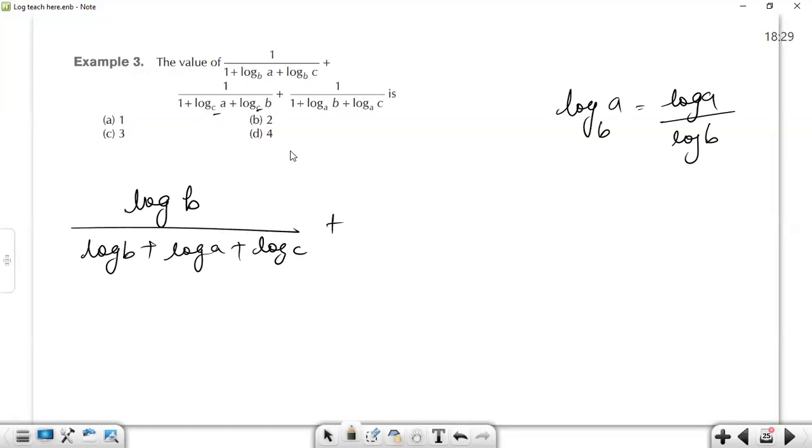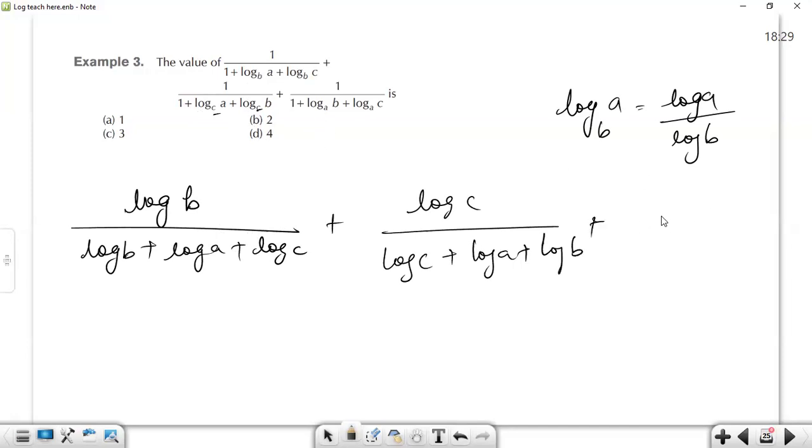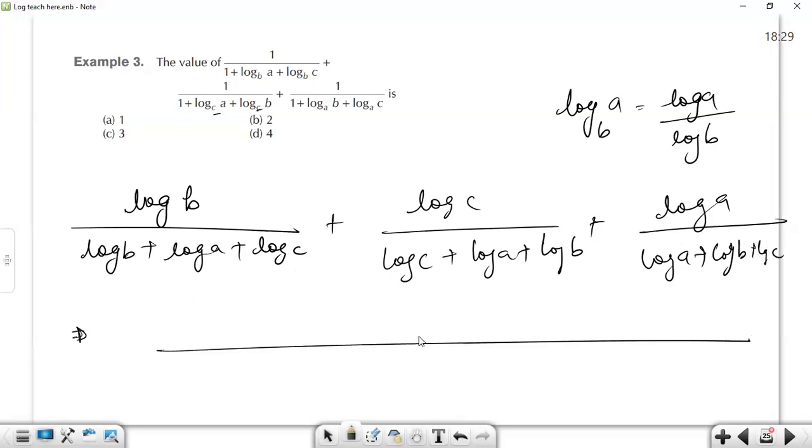So same goes for the others also. In this case, logarithm of c is the LCM: logarithm of c plus logarithm of a plus logarithm of b. Plus, in this case, logarithm of a will be the LCM: logarithm of a plus logarithm of b plus log of c. So we know logarithm of m plus logarithm of n is equals to logarithm of mn. Same goes for all these situations. And we can also see that we can take an LCM of all these.